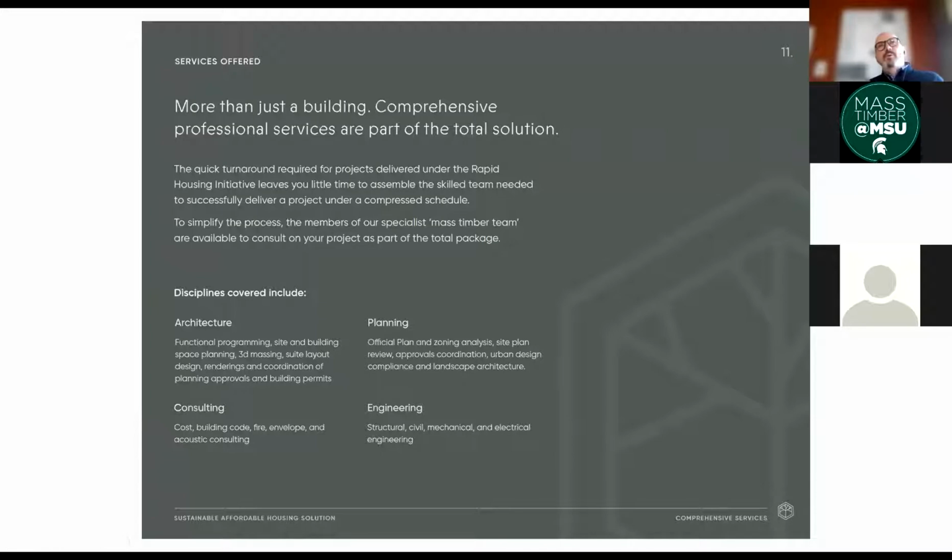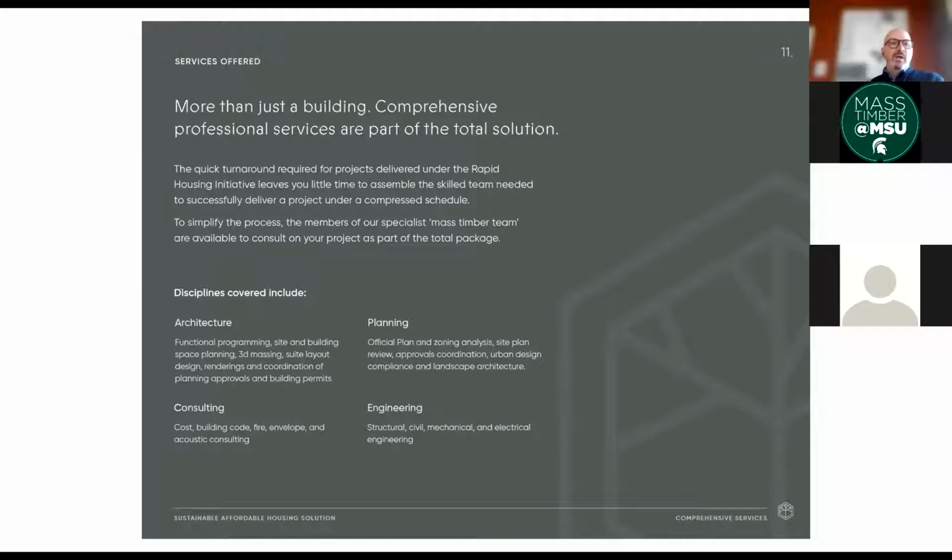Part of the solution that we offer is not just the components of the structure. Here in Ontario, there still aren't a lot of architects, engineers, and consultants that know a lot about mass timber construction. So what we did is we assembled this team of the people in our geography who know the most about this form of construction as part of our bidding process.